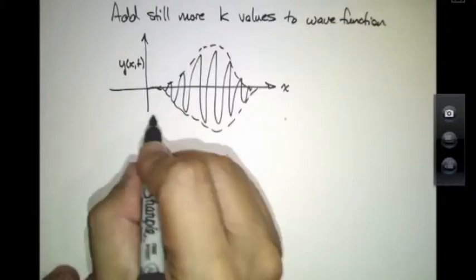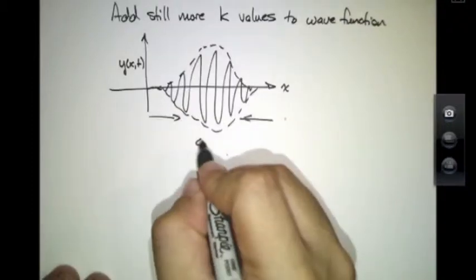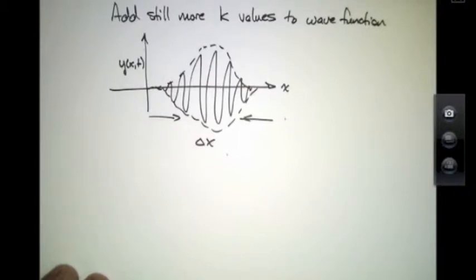So in this case, I can define a delta x. The particle is within a finite region along the x-axis.